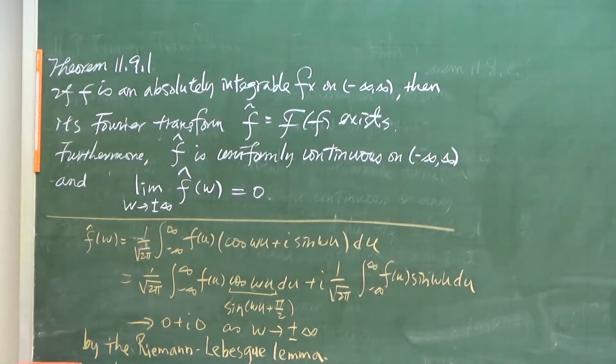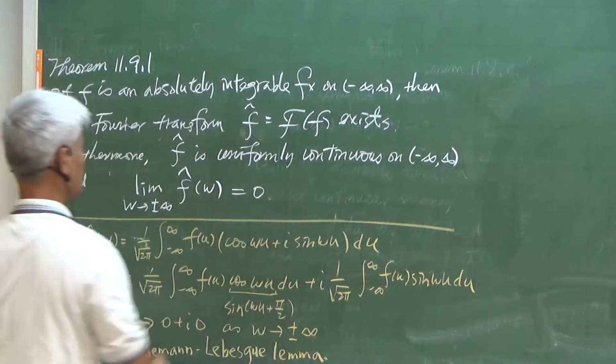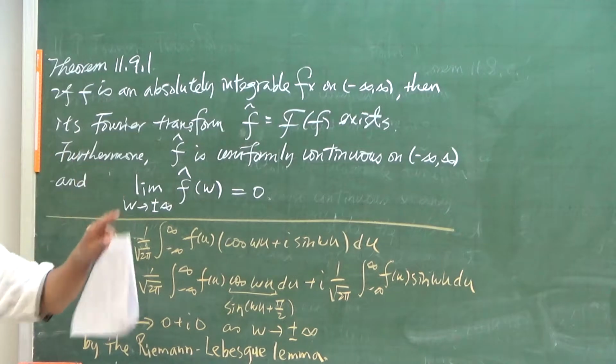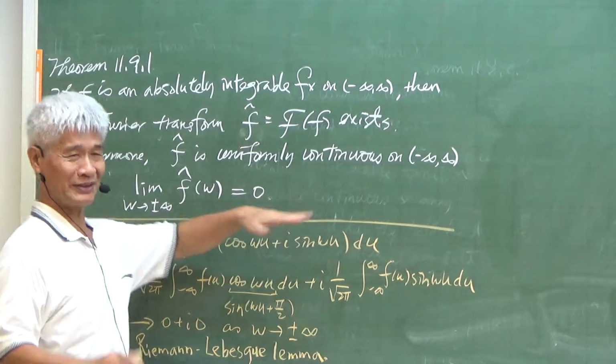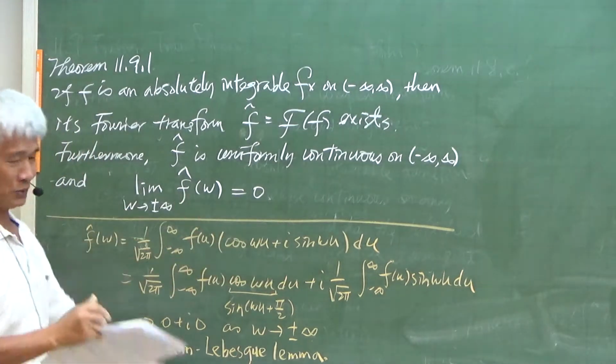Okay, so we know some information about the Fourier transform. We know the Fourier transform is very smooth. It's smooth because it's uniformly continuous, and it goes to 0.